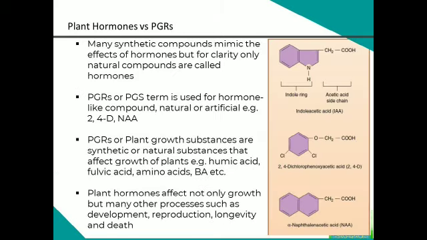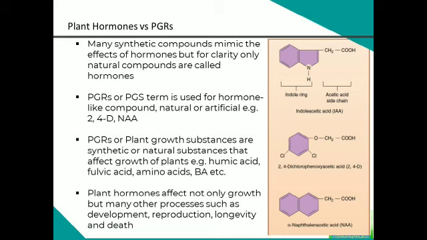Often plant hormones are considered the same as plant growth substances or plant growth regulators, but these are two different terms. Plant growth regulators or plant growth substances are synthetic or natural substances that affect the growth of plants. For example, humic acid, fulvic acid, amino acids, benzyl adenine, etc. And many synthetic compounds mimic the effects of hormones, but for clarity, only natural compounds are considered as hormones.